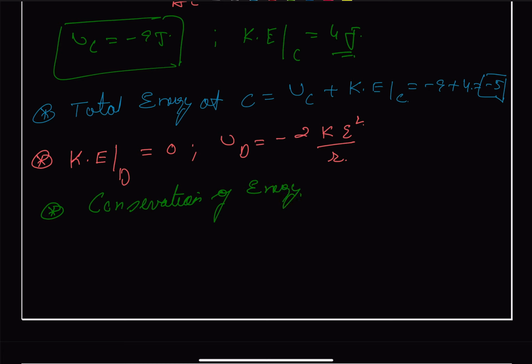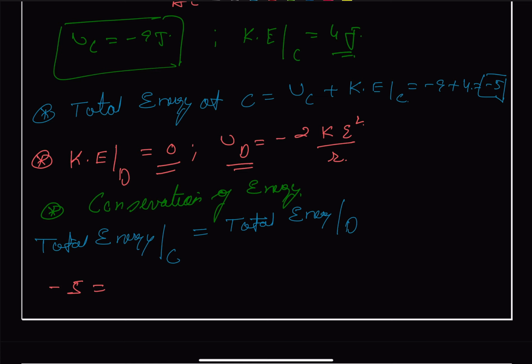We have total energy at C will be equal to total energy at D. Total energy at C we just found out is -5. So we substitute it, we get -5 will be equal to 0 plus UD.